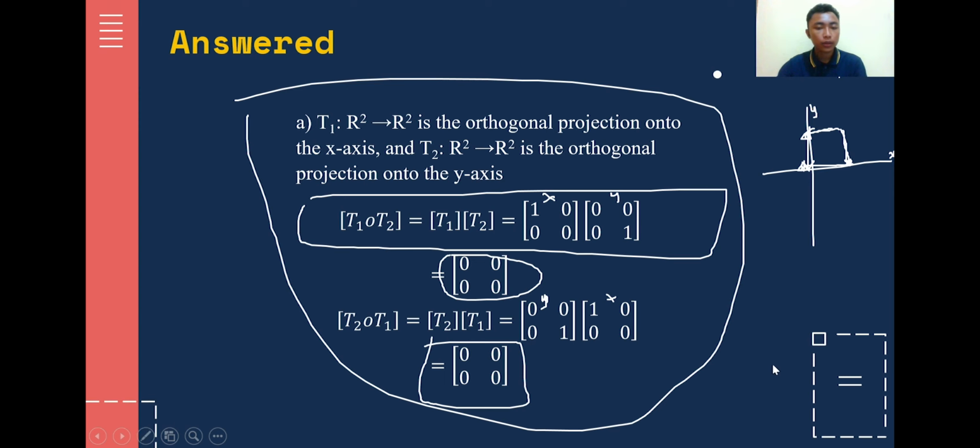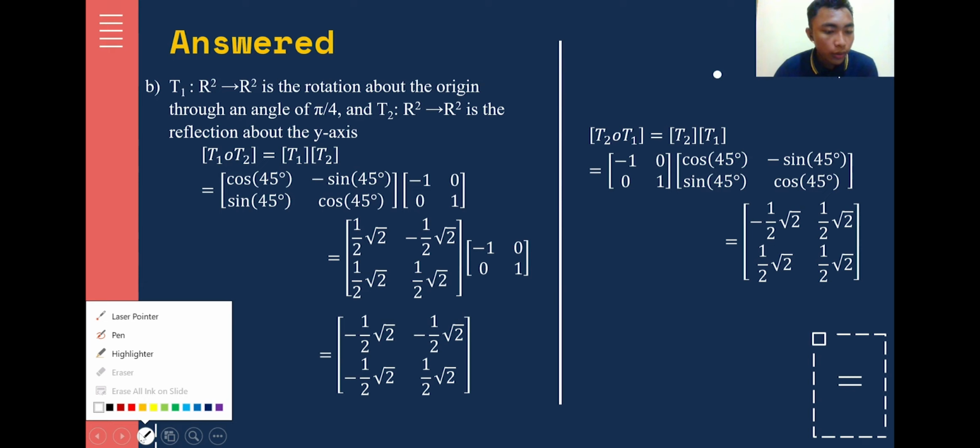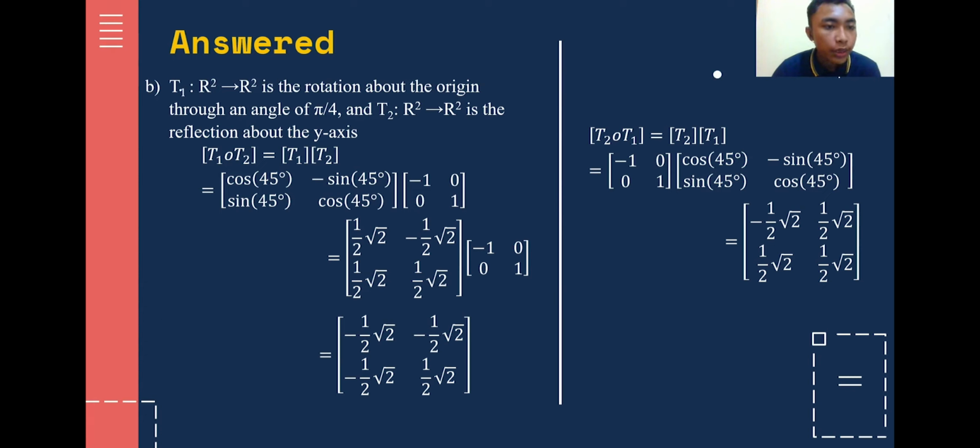And next, how about question number B? In question number B, T1 is R2, the rotation about the origin through the angle pi per 4, and T2 is R2, the reflection about the y-axis.